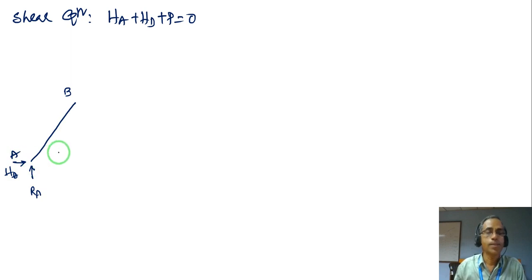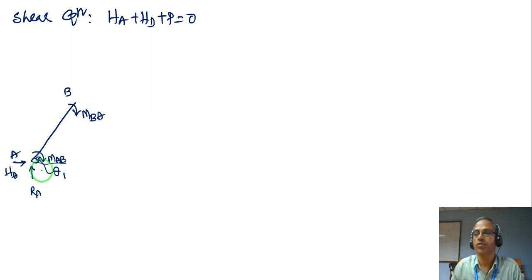This joint has a moment called MAB, and B also has a moment called MBA. This member is inclined at an angle theta 1, so let me write the angle theta 1 here.